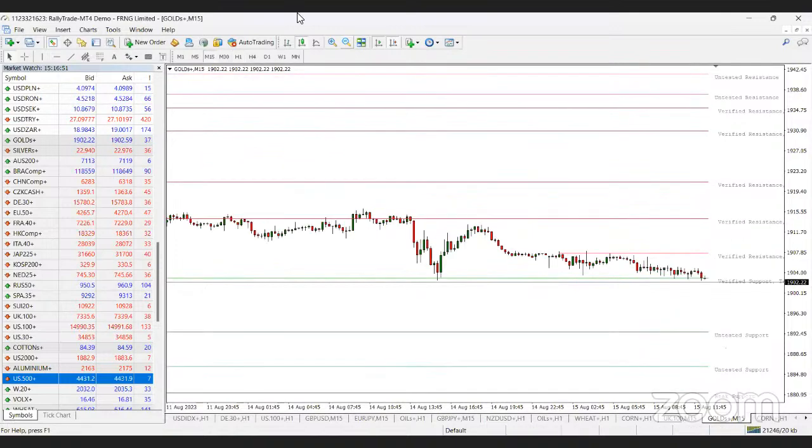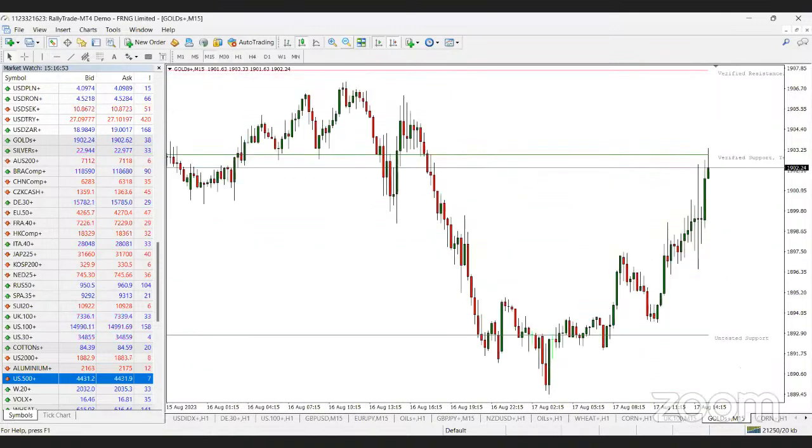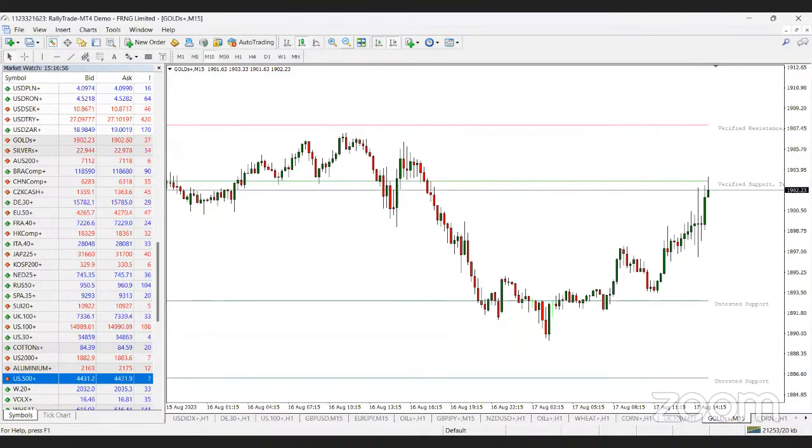So we look at it. I look at it on a smaller time frame, on 15 minutes, approaching that resistance. On the 15 minutes here, we can see that gold is currently at a resistance. We have another one around this zone here. So what are we going to do?